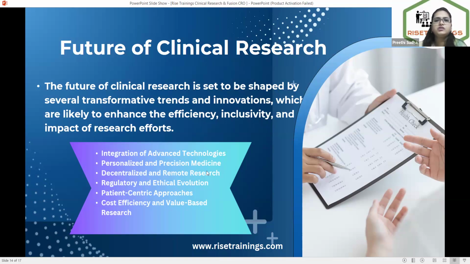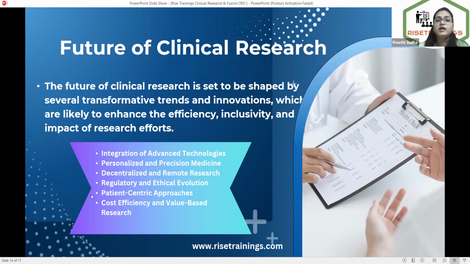Clinical research also becomes personalized, because many people can afford it, and they are going for personalized studies also. And there is decentralization, because the industry has evolved after this internet era. Everything is decentralized, and we can go for remote research in the future.